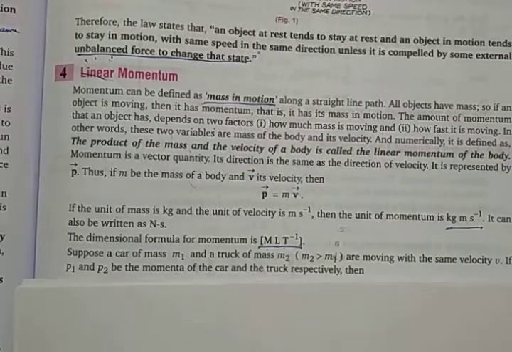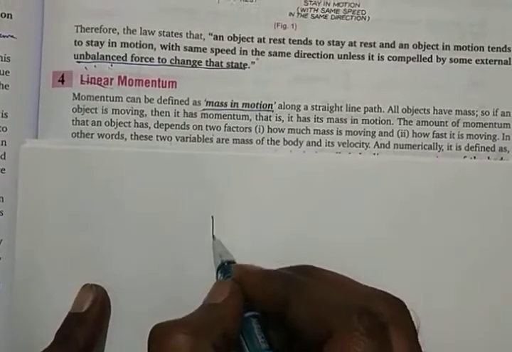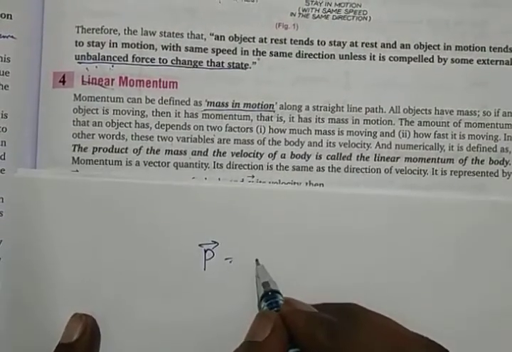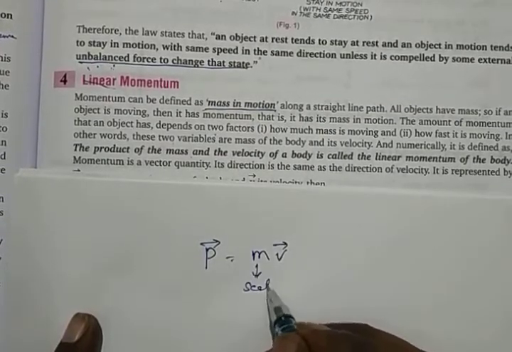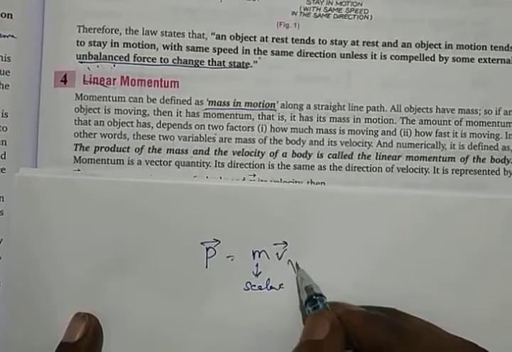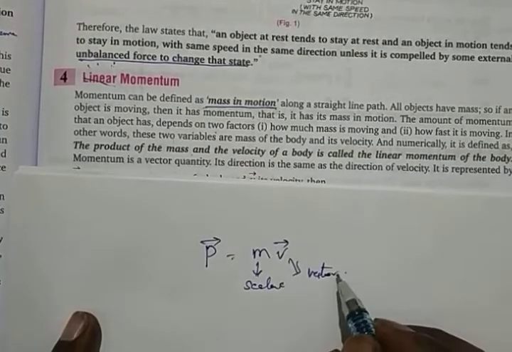Now three cases can evolve out of this. Momentum p vector is equal to mass into velocity. Mass is a scalar and velocity is a vector quantity.